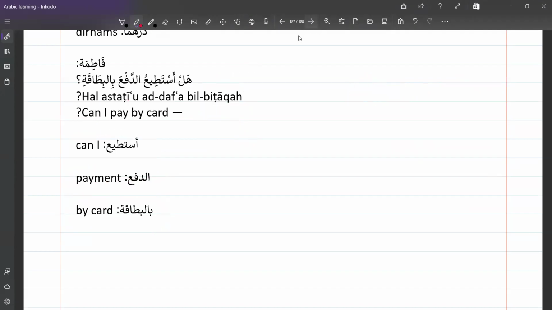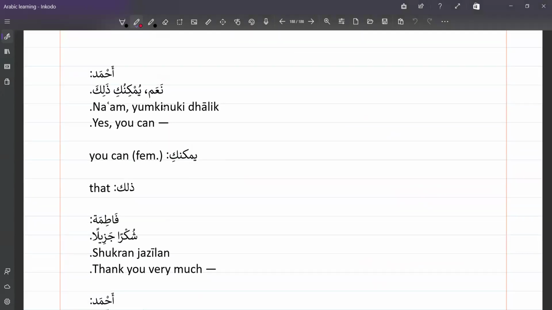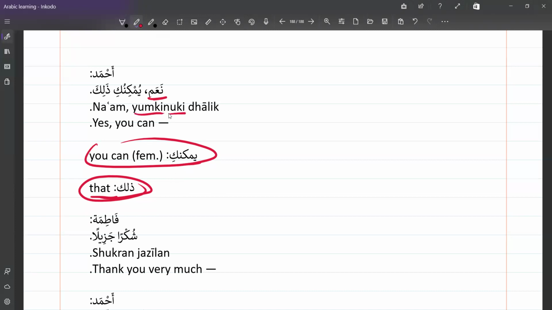The clerk Ahmad says, نعم, yes, يمكنك ذلك. يمكنك means you can, and ذلك, we have done, means that. In this case it is yumkinuki, but if it were a male, we would have used the word yumkinuka.